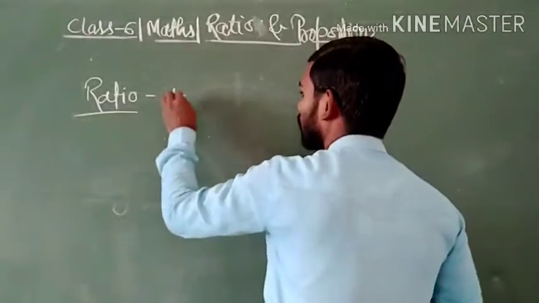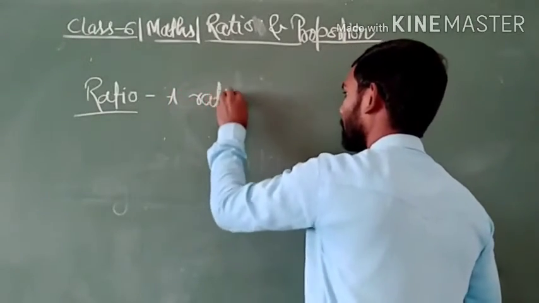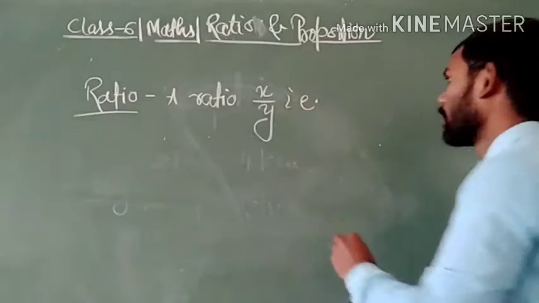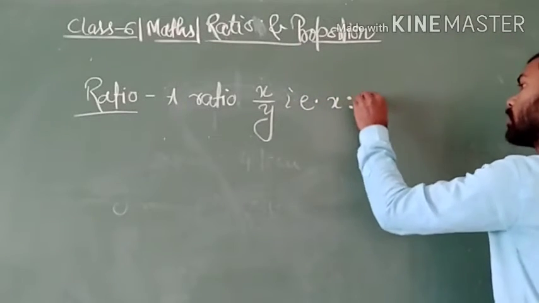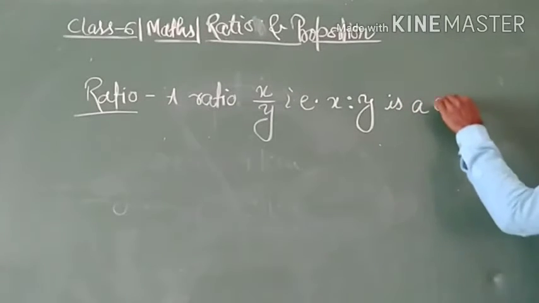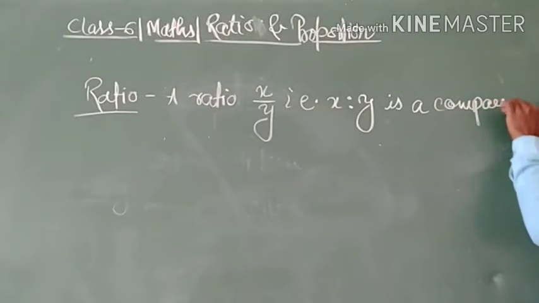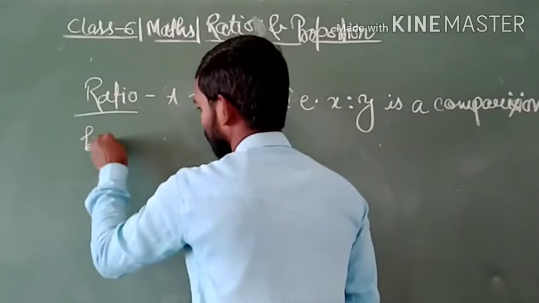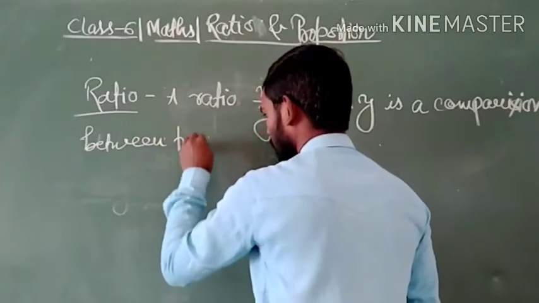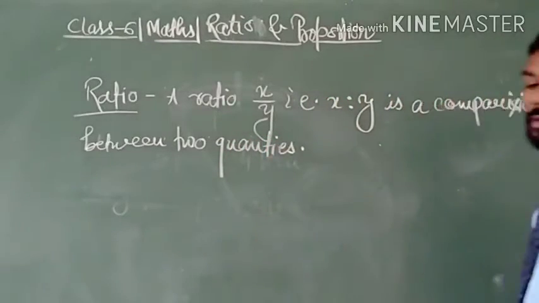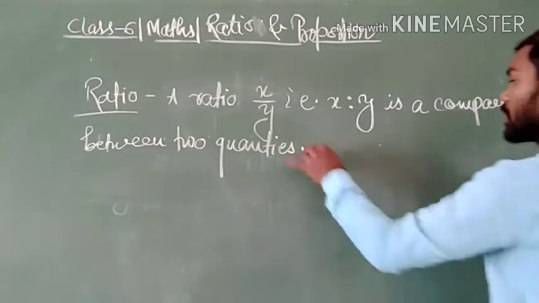Ratio x upon y, that is, x is to y, is a comparison between two quantities by means of division.